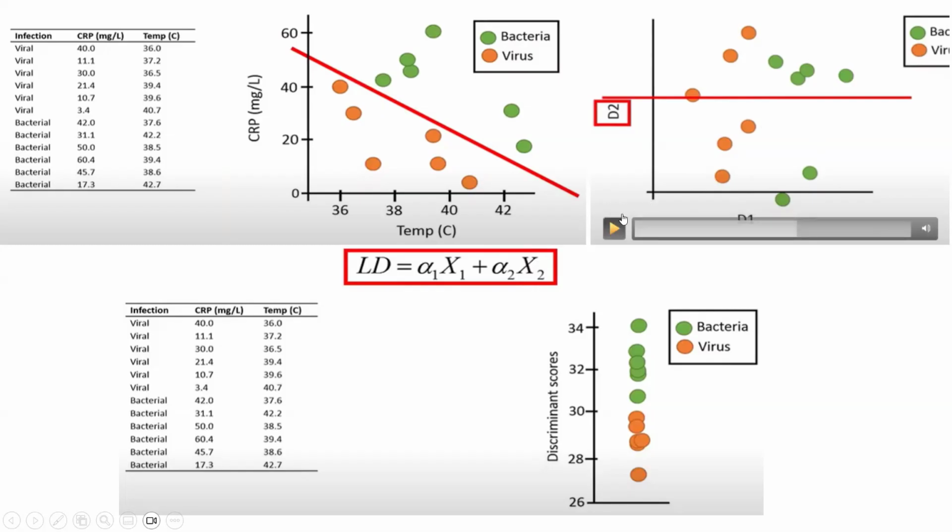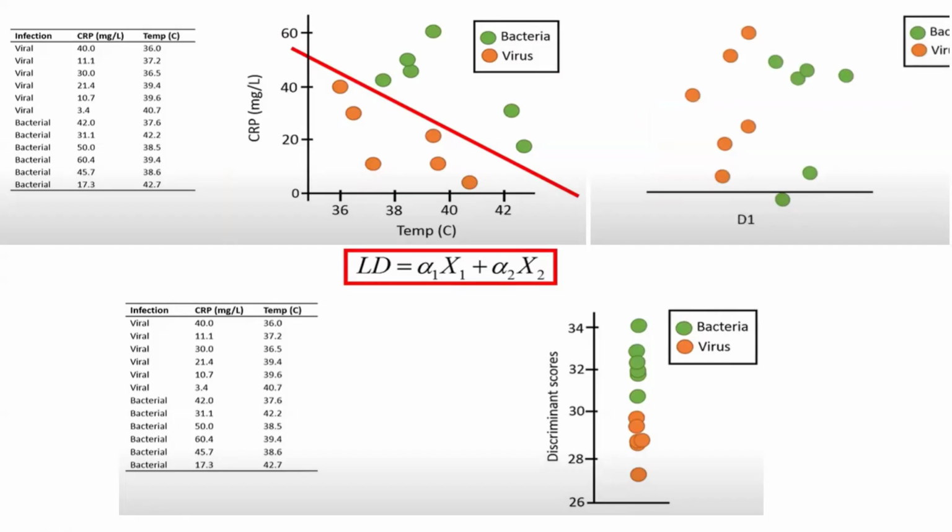Now what we have done is reduced the dimensionality from two dimensions to one dimension, and we are also able to separate the classes effectively. Now we have to get rid of D2, because D2 is no more valid for us, as it is not able to separate the classes. Those dimensionality scores on D2 were not able to effectively separate both the classes.